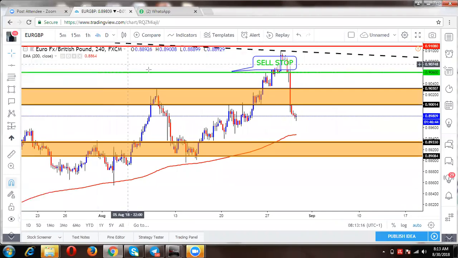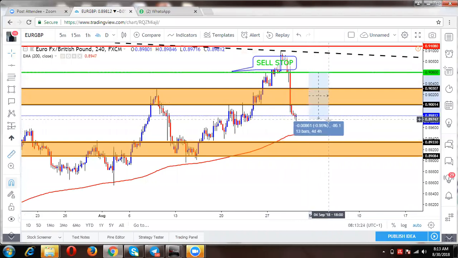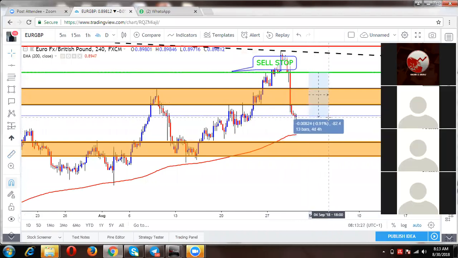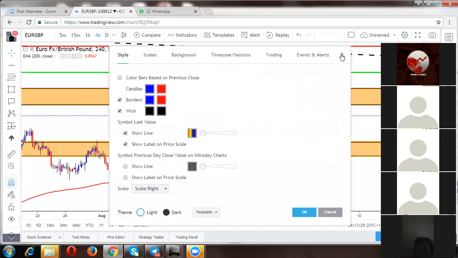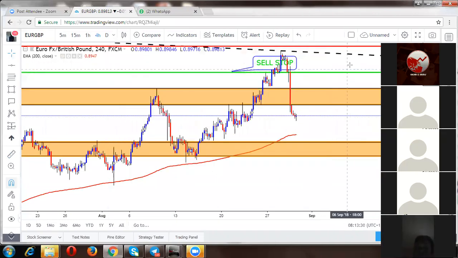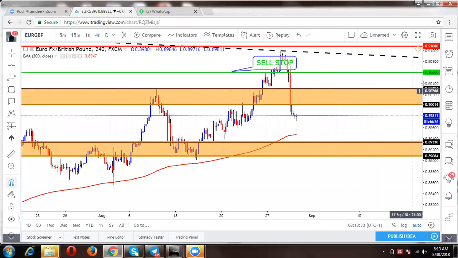We had Euro GBP sell stop yesterday. But this is amazing. Sell stop from here, we already have 86 pips. It's crazy. 86 pips in 1 day. This is amazing.